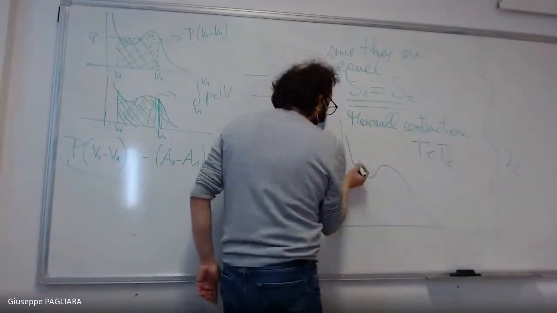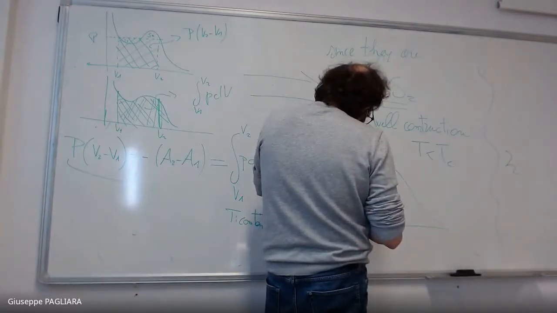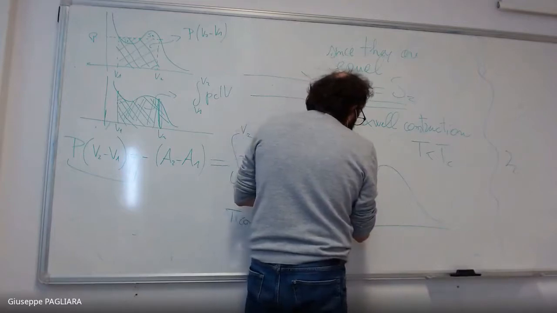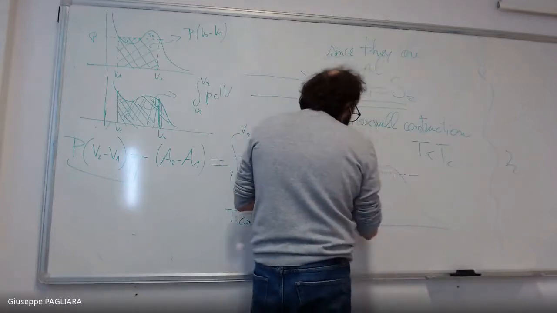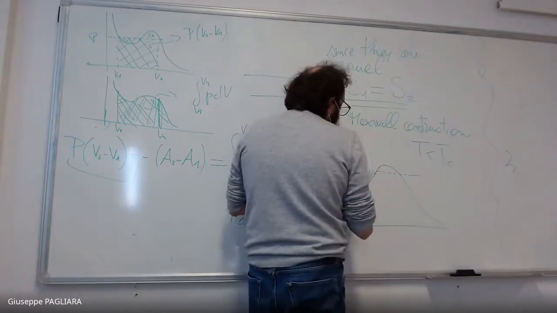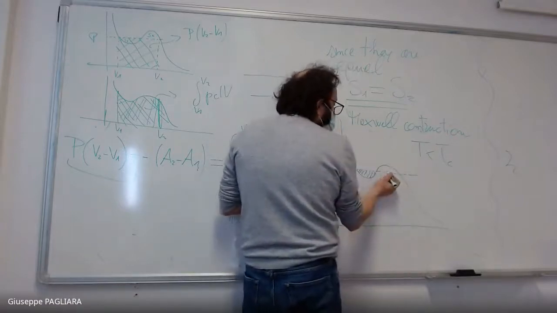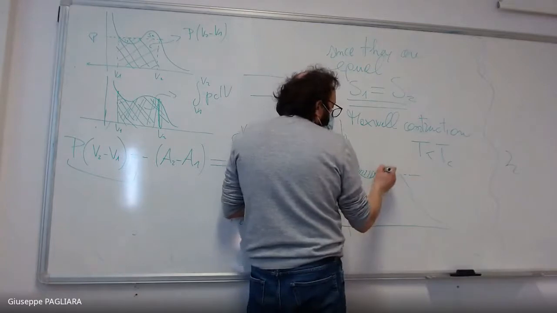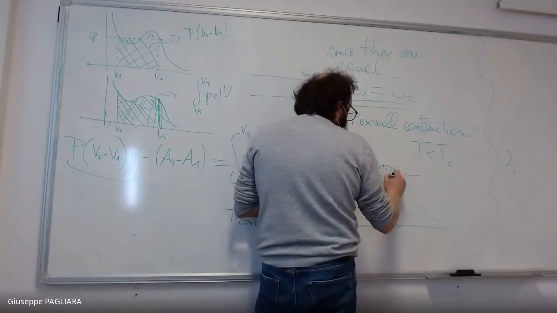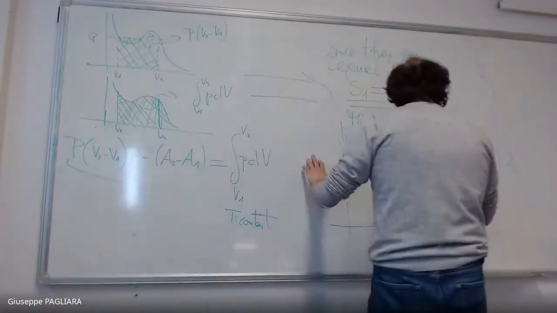I move the pressure until I find a specific value for which the area below the pressure line and the curve P as a function of V, and the area above it, are the same. But this is S1 and this is S2.